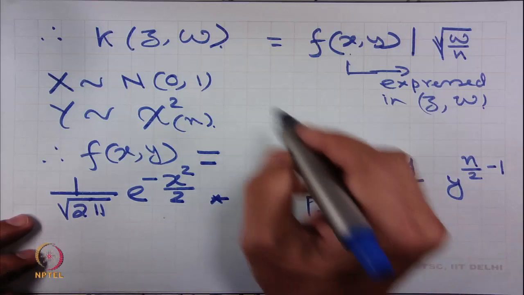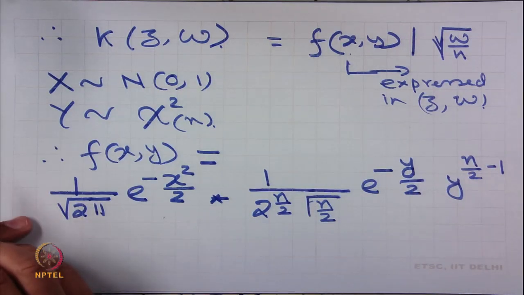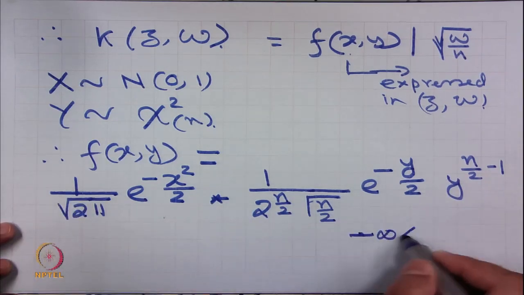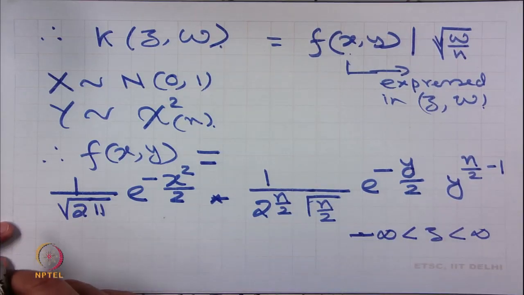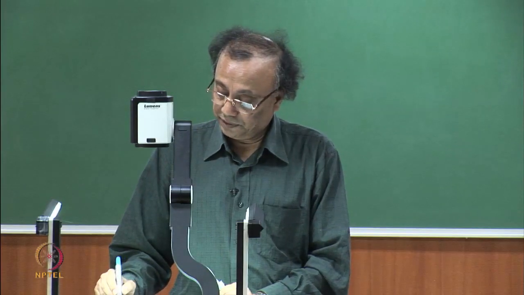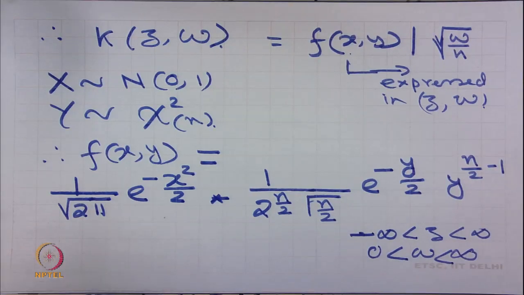It is worth noting that z will go from minus infinity to infinity, because z is a standard normal variable divided by something which is positive, and w goes from 0 to infinity.